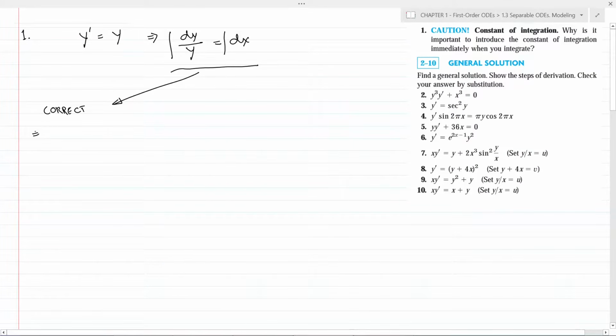So we will write ln y is equal to x plus c, which implies y is equal to e to the power x plus c, which can be written as e to the power x multiplied by e to the power c. Now this can be written as another constant c1. So the solution will be y is equal to c1 e to the power x.